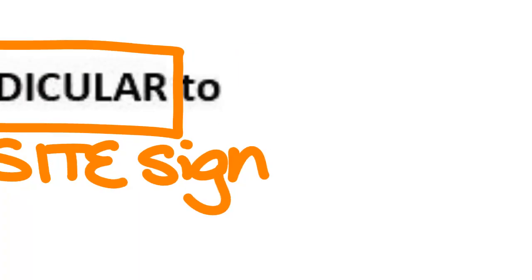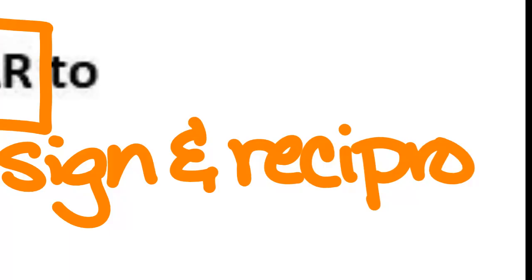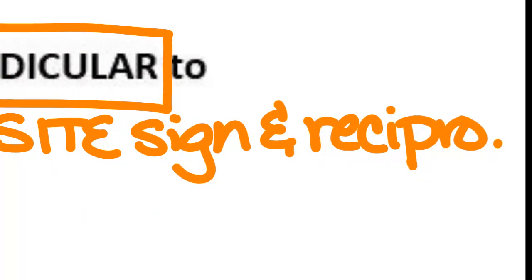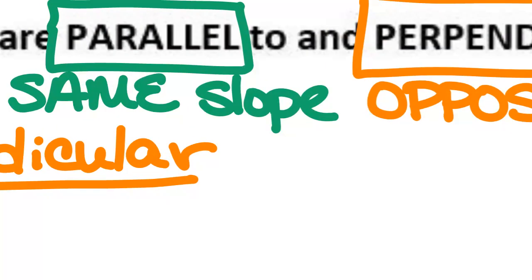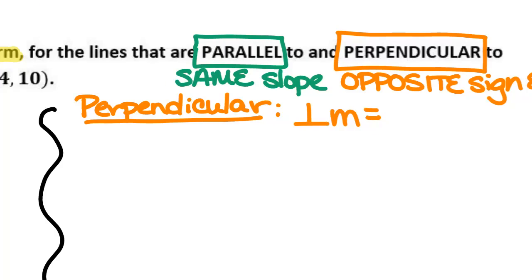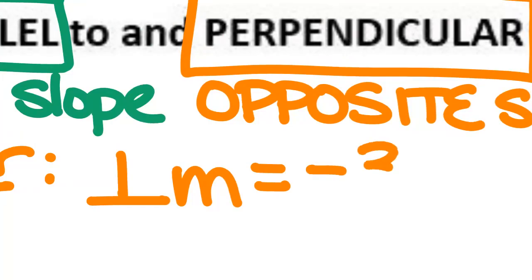Opposite sign of the original line and reciprocal. So we're going to flip the fraction. So what will my perpendicular slope be then? -3/4. Perfect.